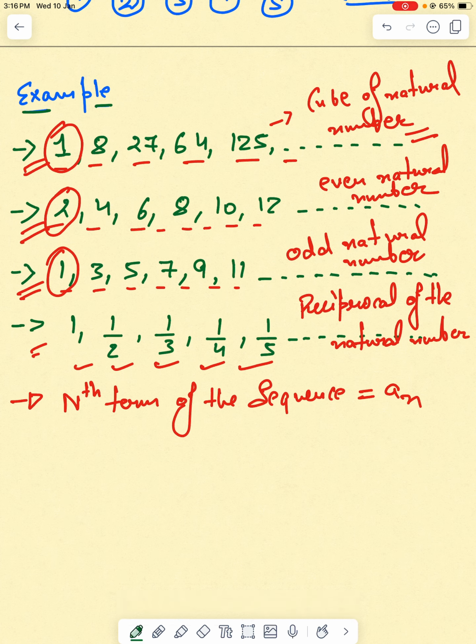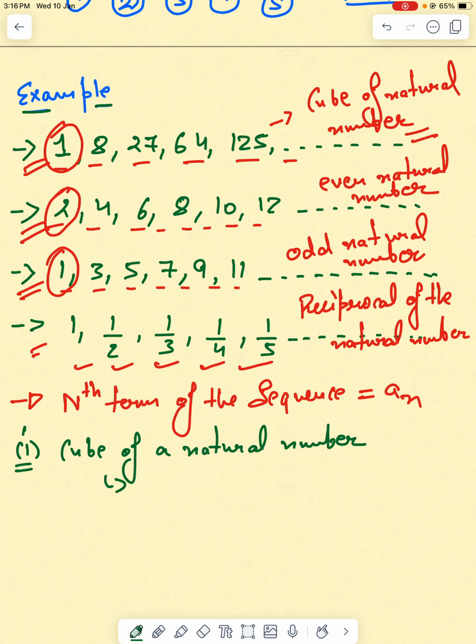Studying the first example, this is the sequence of cubes of natural numbers. If I want to express it as the nth term, it can be expressed as n cube, where n is a natural number. This is your nth term.